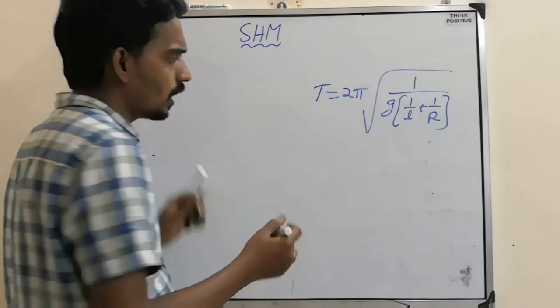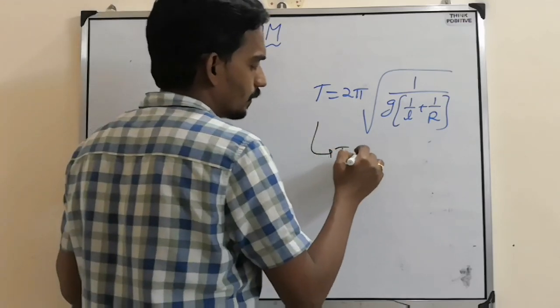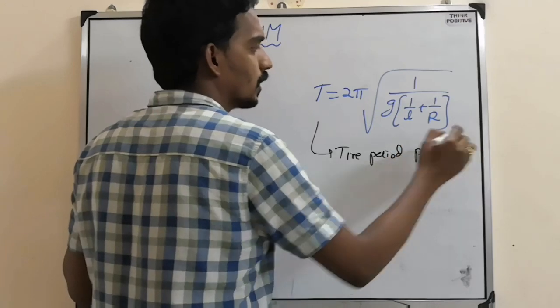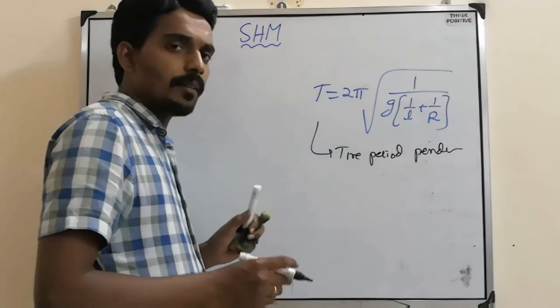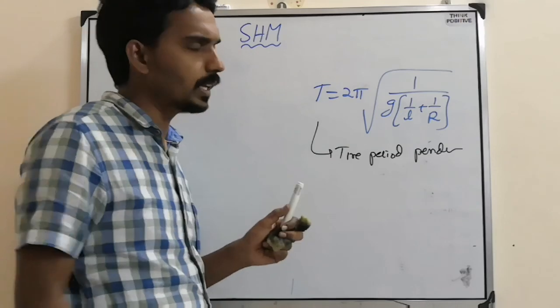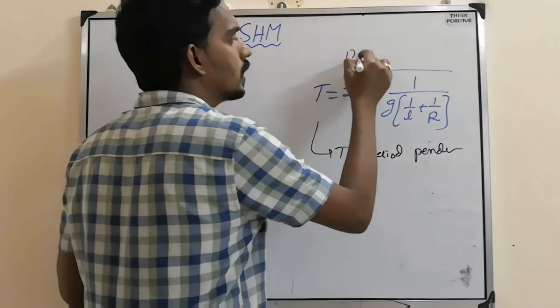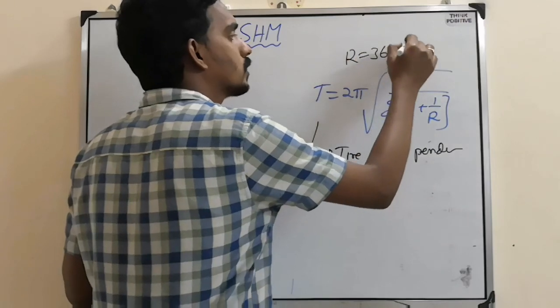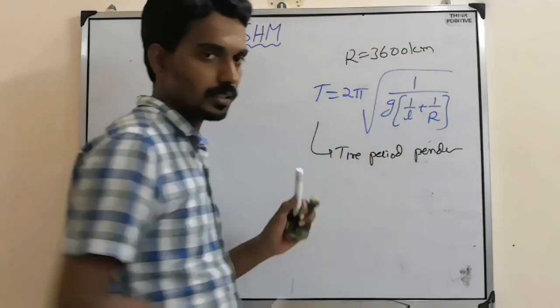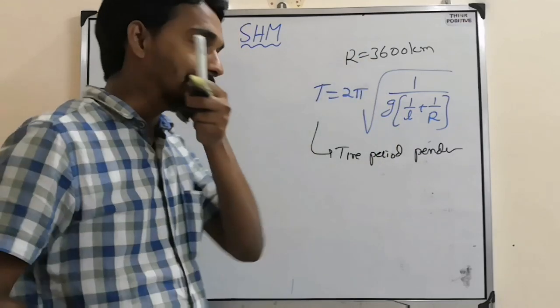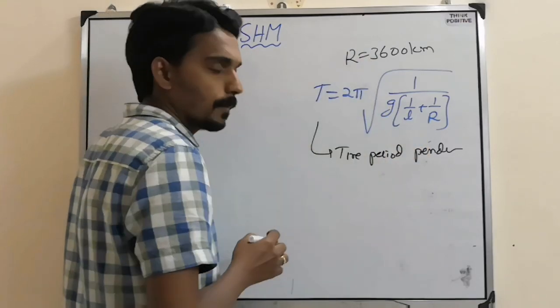This is the time period of a pendulum having very large length compared to the radius of earth, where the radius of earth is how much? 6400 kilometers. If it is a very high length, then you can consider that this is the formula.